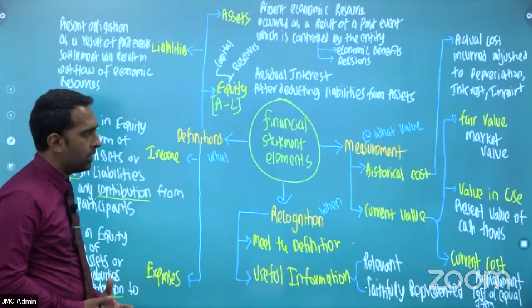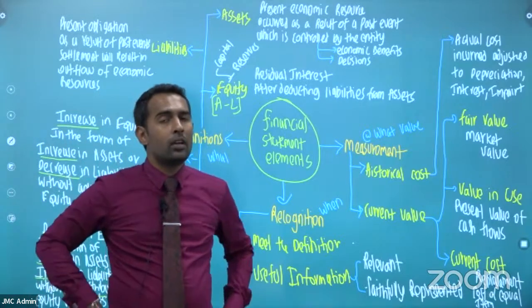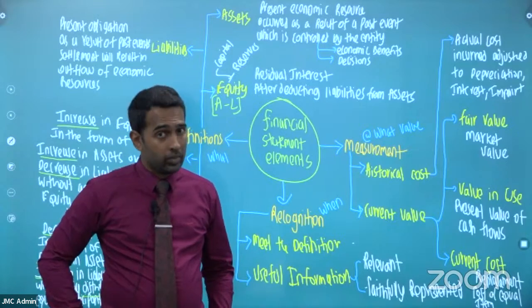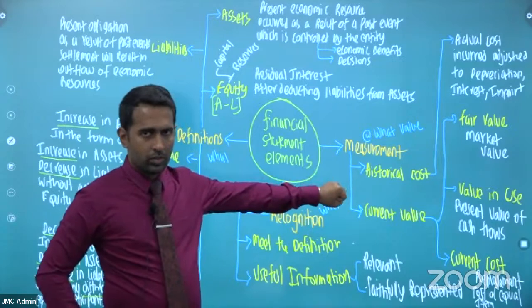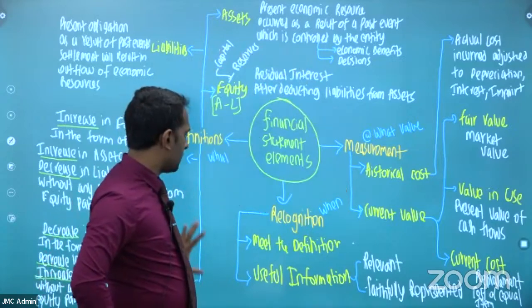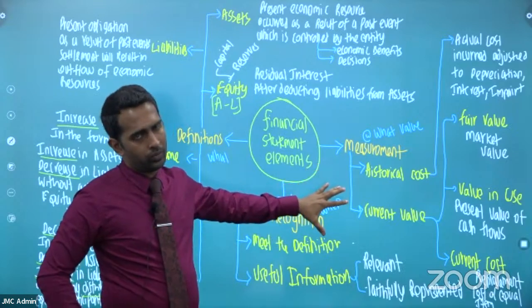So this is basically one part of the conceptual framework which discusses the financial statement elements, the definitions, recognition, and measurement. What are these financial statement elements? When to recognize, at what value?